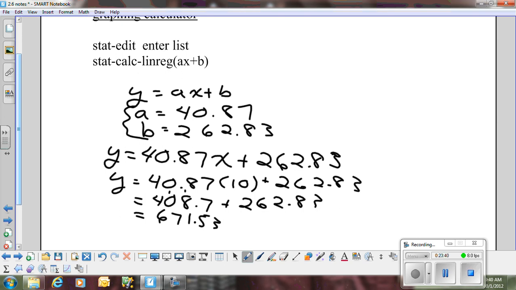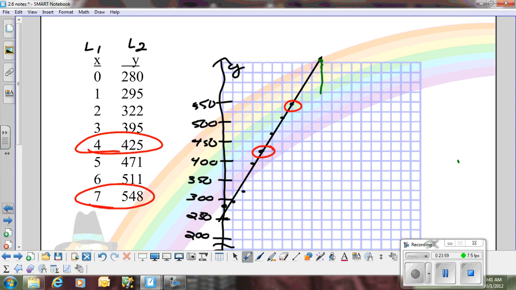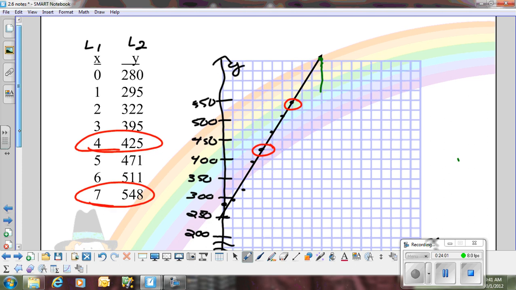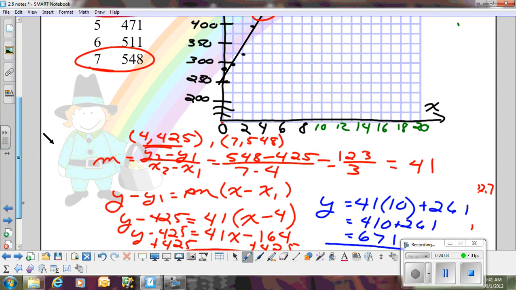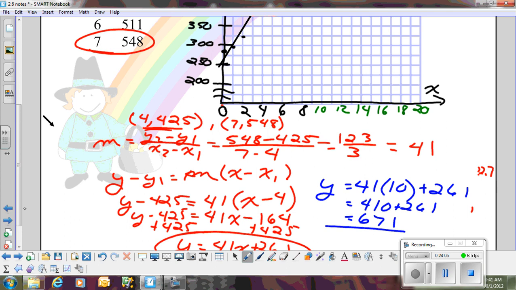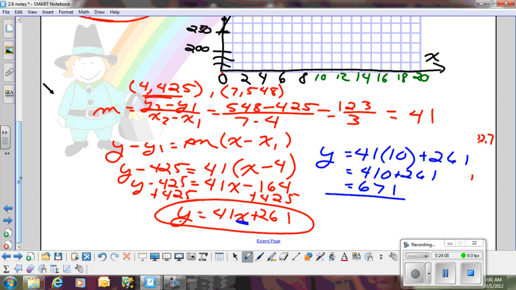Okay, when you answer your problems today, the first 2 you're going to do by hand. Well, not the first 2, number 10 and 11 are going to be by hand. So you're going to plot the graph just like you did here. So on 10 and 11, I want to see the whole thing. You plot the graph, you draw the line, you find the slope, write an equation of the regression line, and they actually tell you to find y when x equals 20.